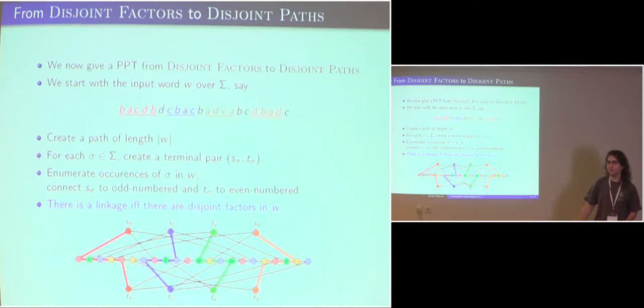So there is a linkage if and only if the original instance had a solution. So this is a proper PPT reduction from disjoint factors to disjoint paths. The bottom line is that disjoint paths do not have a polynomial kernel unless bad stuff happens.